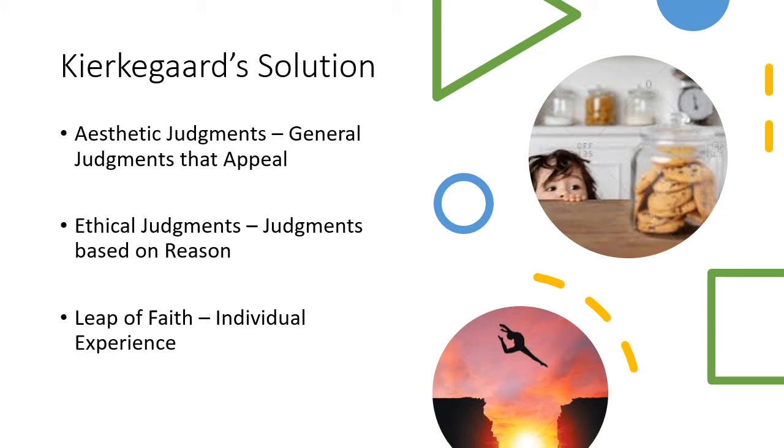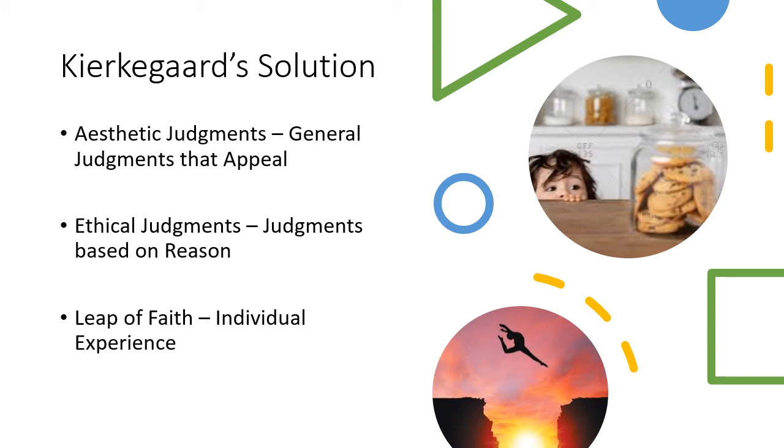And so as we get older, from Kierkegaard's perspective, these judgments are based in aesthetics. And if you don't know what aesthetics are, that's just theories of beauty, theories of appeal, things that we find that render us happy or appeal to us in some sort of way.